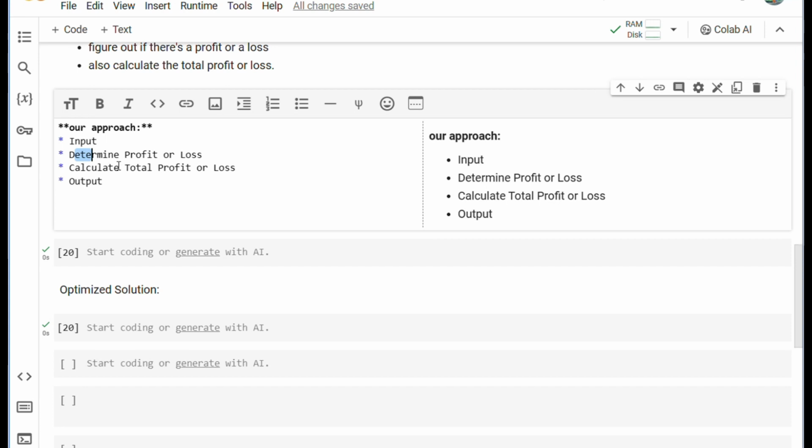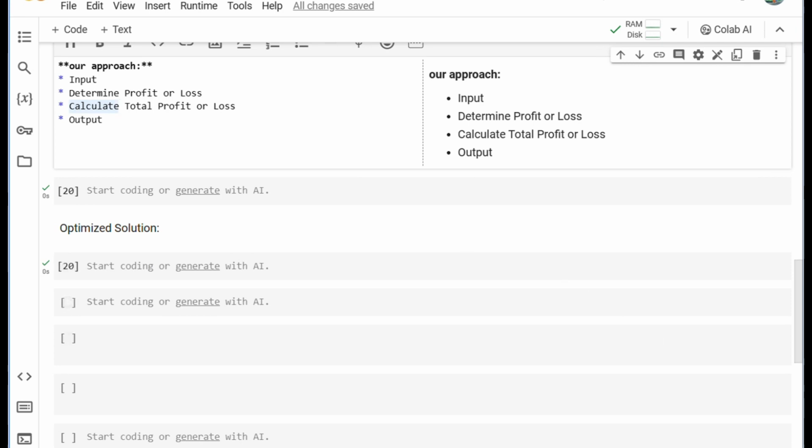Now let's come to the third step. If there is a profit, we need to calculate the total profit by subtracting the cost price from the selling price. If there is a loss, we calculate the total loss by subtracting the selling price from the cost price.